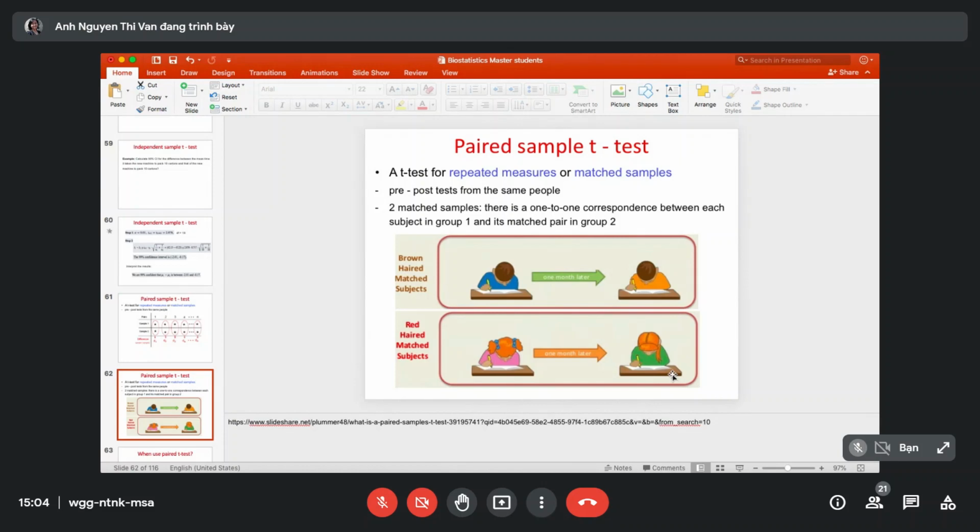So they try to match the data with each other. This is also an example of paired data. You need to recognize this so that you can use the test correctly. Sometimes you may not recognize paired data and you apply the independent t-test, so the conclusion is not correct if you use an inappropriate test.